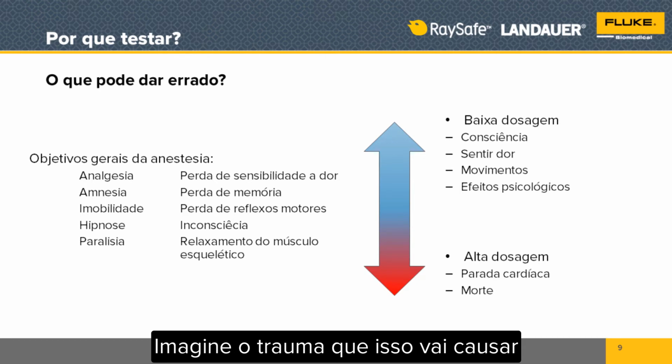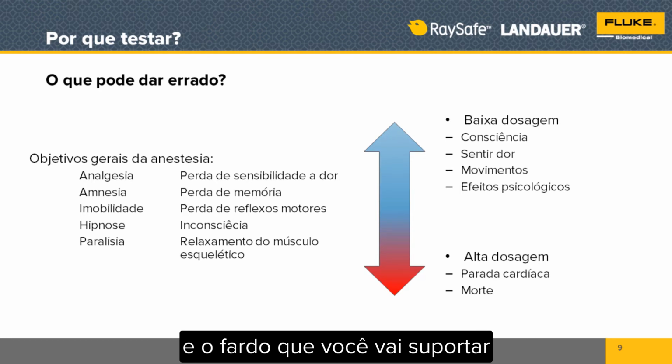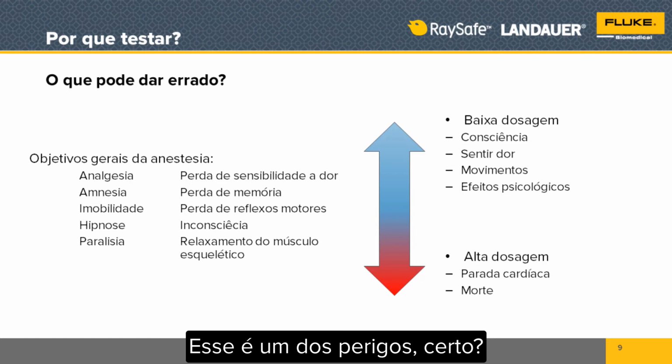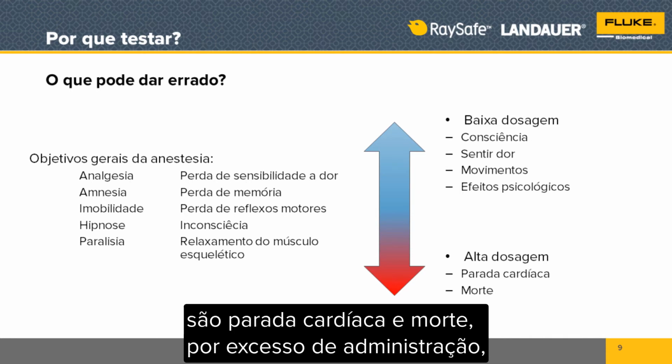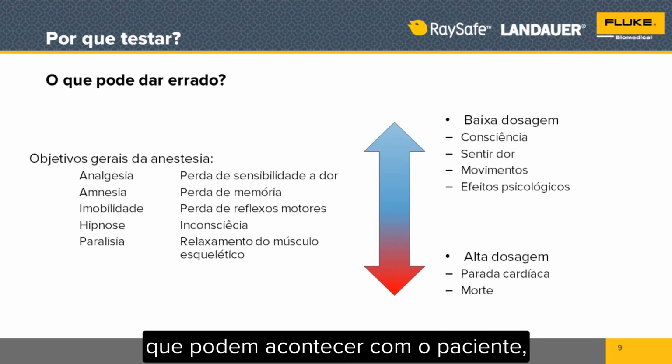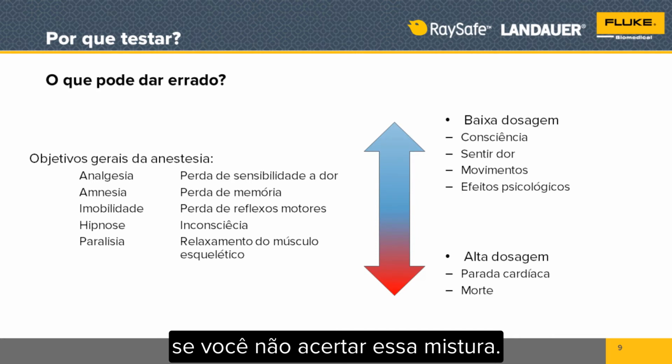Imagine the trauma that's going to put you through and the burden you're going to bear for the rest of your life. That's one of the dangers, right? But obviously the physical dangers are cardiac arrest and death from over-administration, which we don't need to explain any further. But there are a lot of things that can happen to the patient if you don't get this mix right.